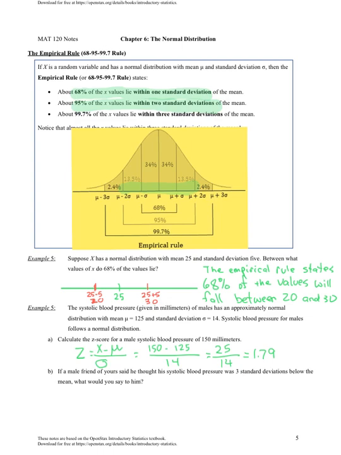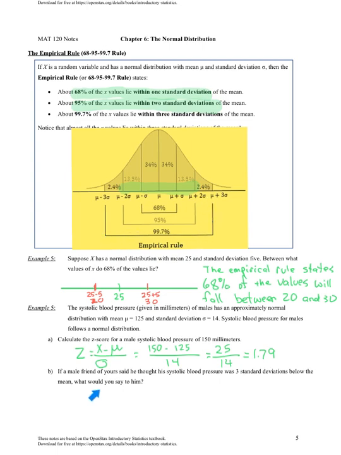Now for letter B, if a friend says their systolic blood pressure is 3 standard deviations below the mean, that is really unlikely because 99.7% of our data should fall within 3 standard deviations.